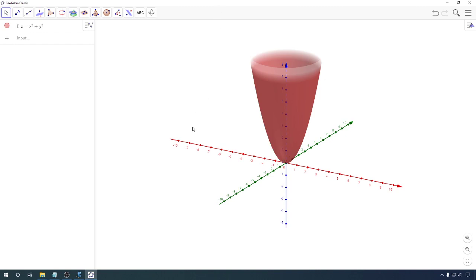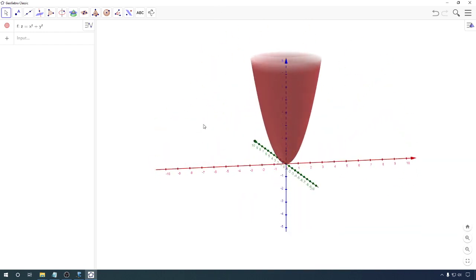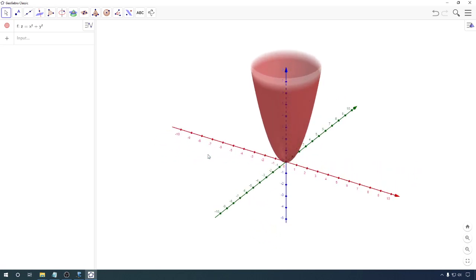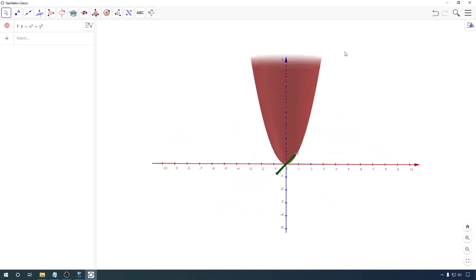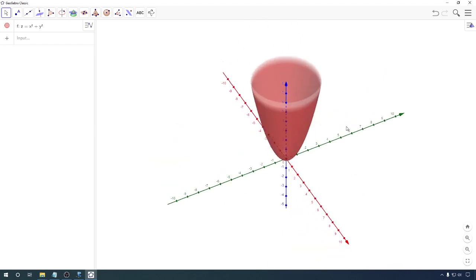Alright, so this is what we get from z equals x squared plus y squared. This is what we call a paraboloid. We actually talked about this back in chapter 12, at least a little bit. It has a cross-section of a parabola, but it just is rotationally symmetric around the origin.